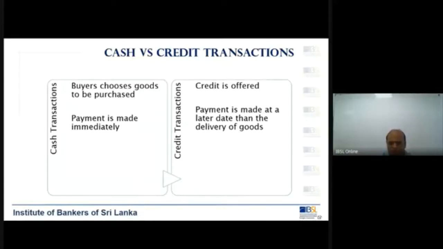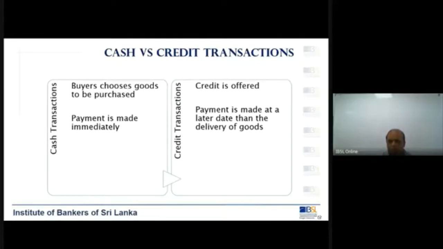When we make use of the credit card, that is a transaction which involves three parties, the tri-party transaction. But what we are trying to learn here is where you enter into a business transaction where the trader himself or the seller himself is willing to accept that delay in getting the payment.